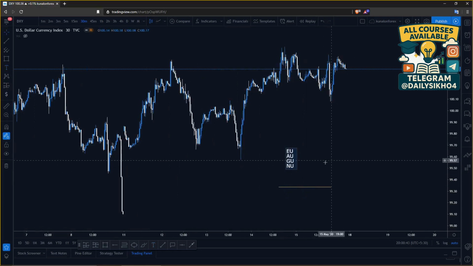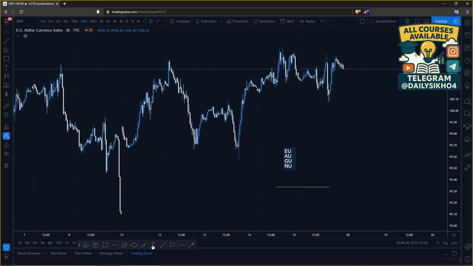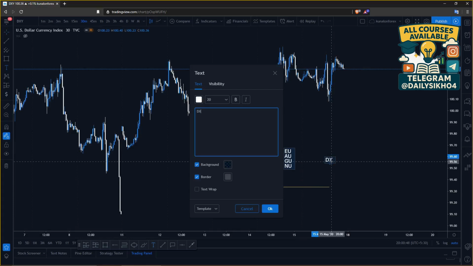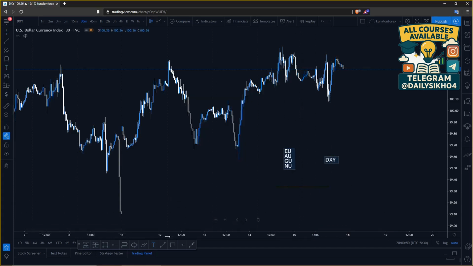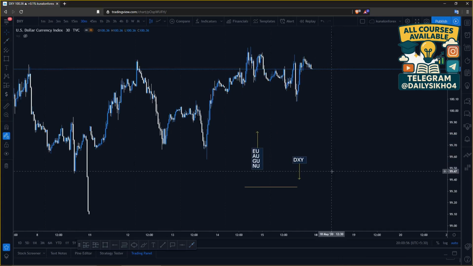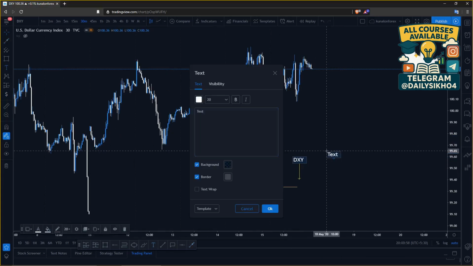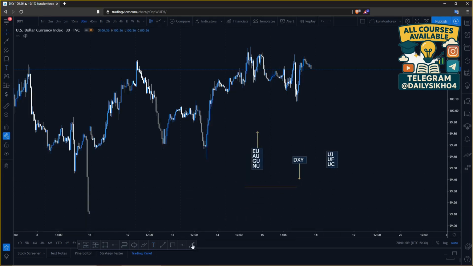So let's say this is DXY. What's going to happen is, if these are going up, this is going to come down. And also you have UJ, which is USD JPY, UF, which is USD CHF, UC meaning USD CAD. Whenever this is going down, this is going to go down as well.